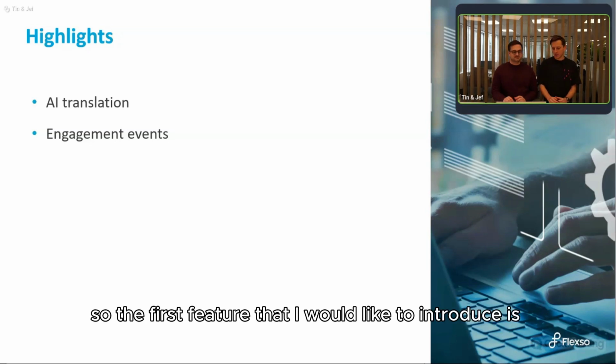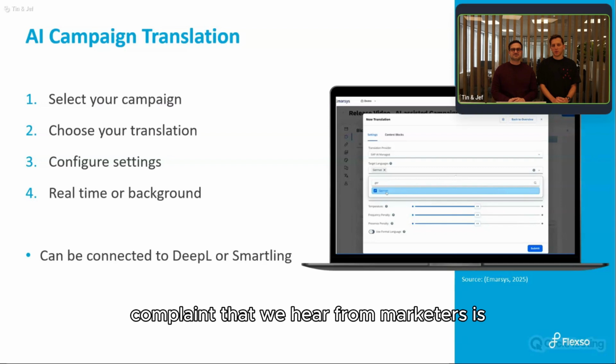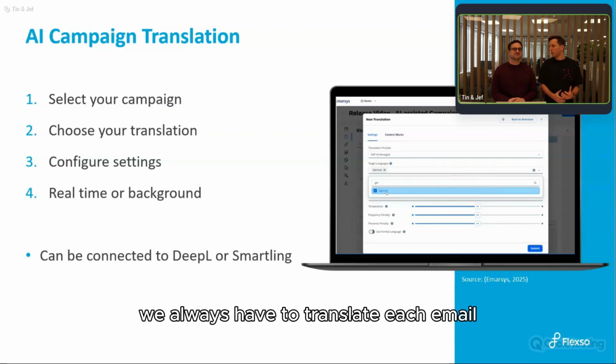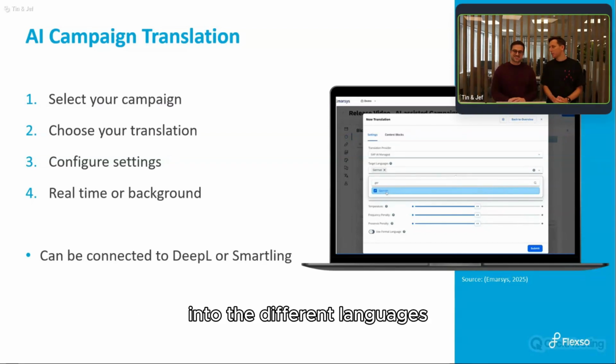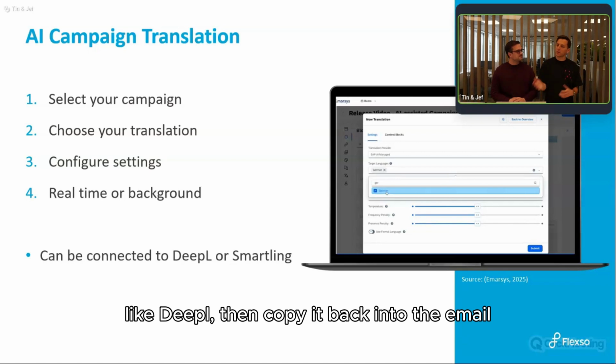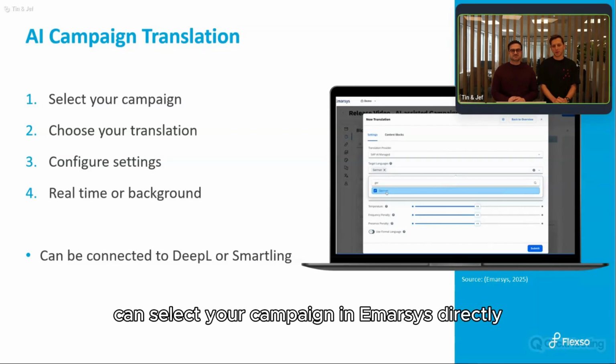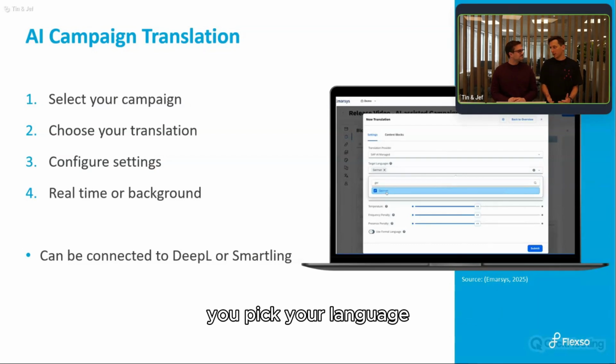So the first feature that I would like to introduce is AI translation. A very common complaint that we hear from marketeers is, we always have to translate each email into the different languages. What they do now is they copy it into a translation tool like DeepL, then copy it back into the email. That's for the past. So now you can select your campaign in Emarsys directly. You pick your language.